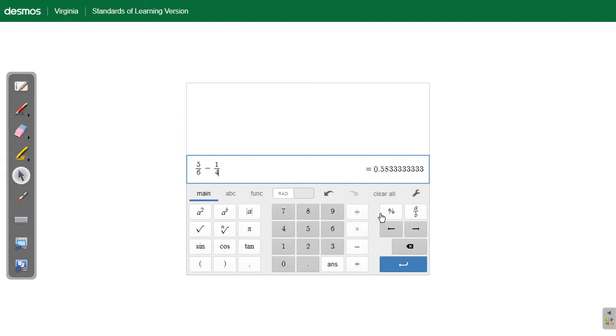So click the things. You actually have this little fraction button here too that helps you with fractions. So if you have trouble knowing that division gives you the fraction bar, just literally type it in like this. Do the fraction bar and do 5, click down and do 6. Then make sure you click out so that when you do your operation, it's between the fractions. And then do another fraction.